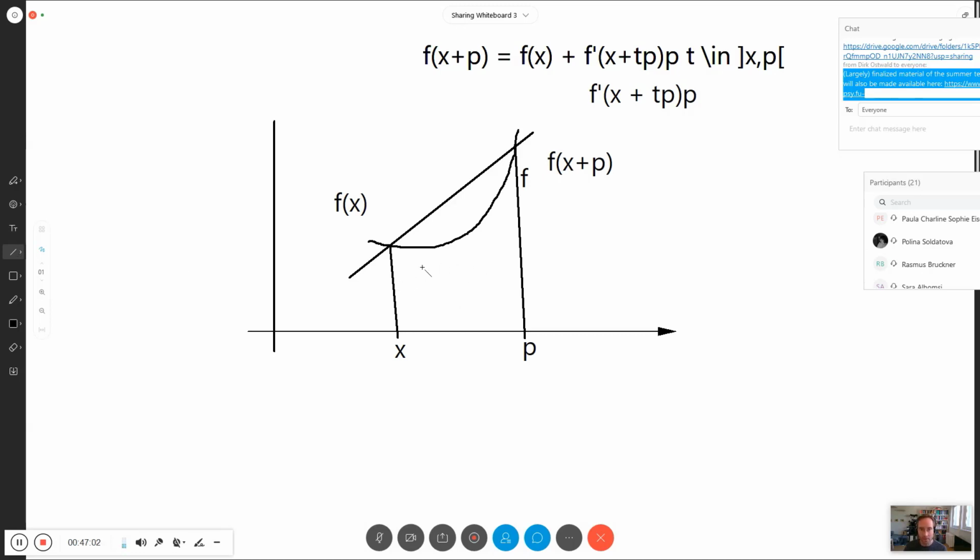And the point here is, of course, that here it's not the case, because at this location of x plus tp, the derivative does not work for constructing f(x + p), but at this location, roughly here, it actually works.